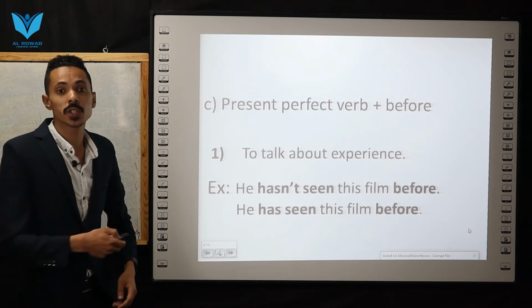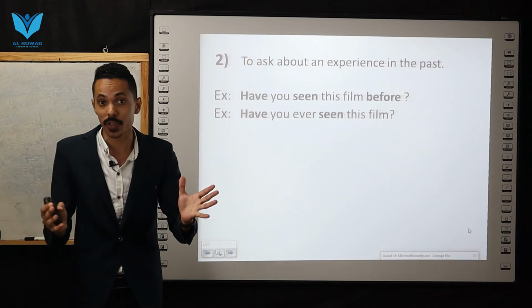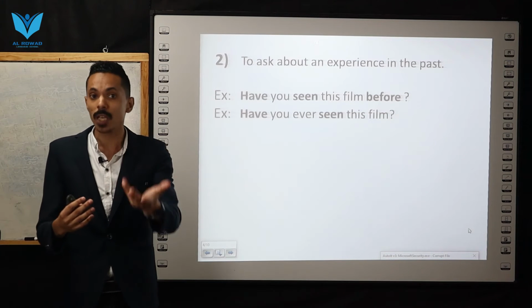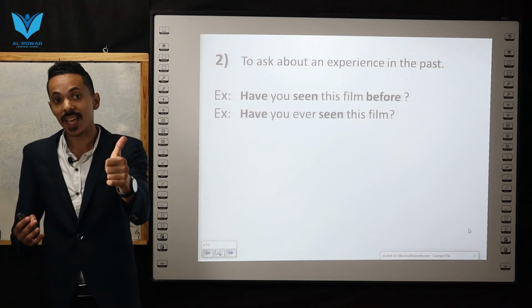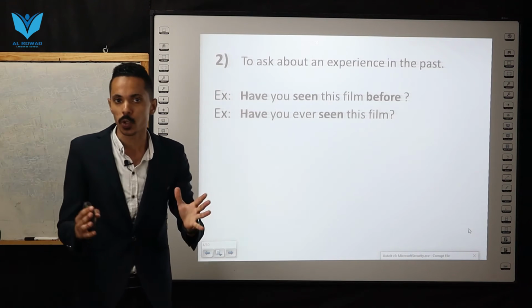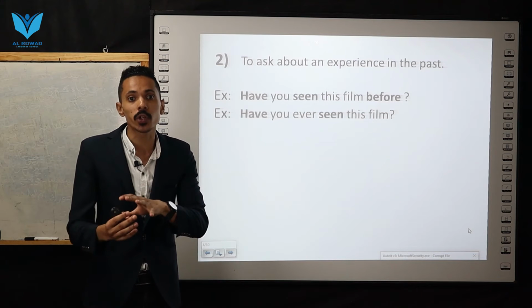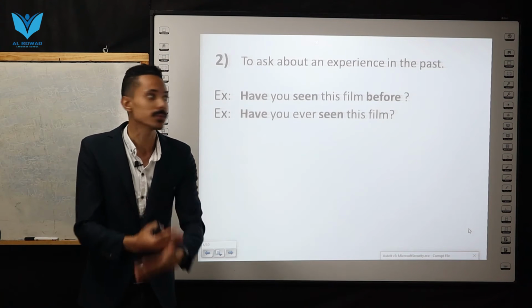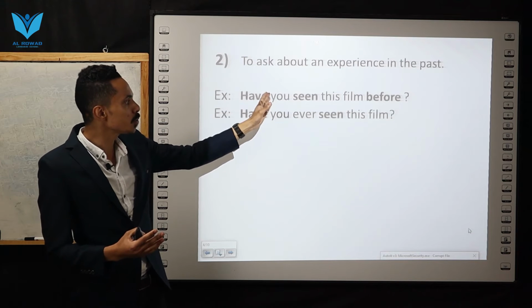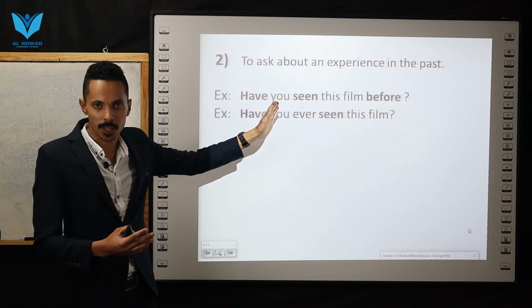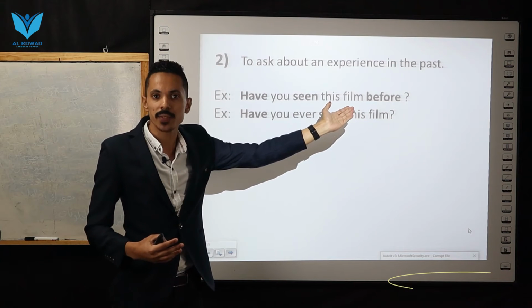And to your surprise, you can also use before to ask, like ever. So if you want to ask people about experience they did in the past or not, you can use ever and also you can use before. But here, the place of ever and the place of before is different. If you remember, ever is between the subject and the verb in the past participle, but before is in the object place in the question.